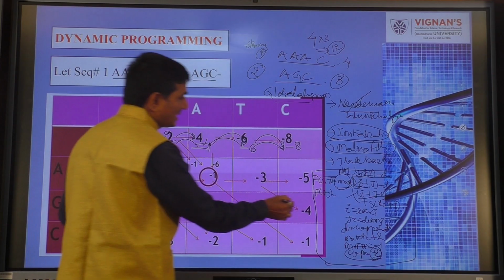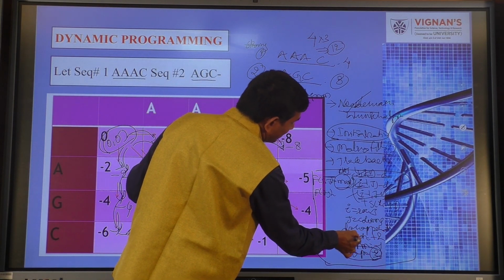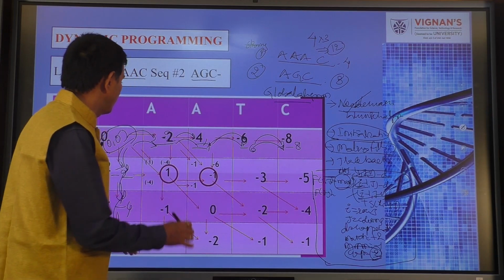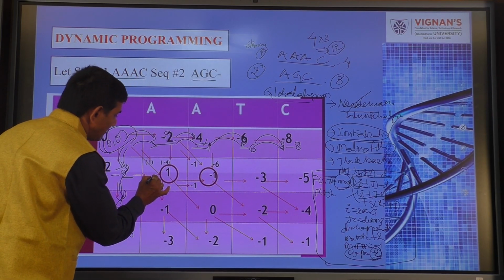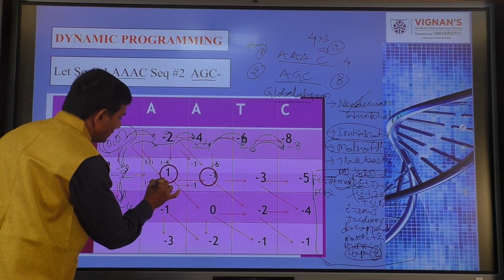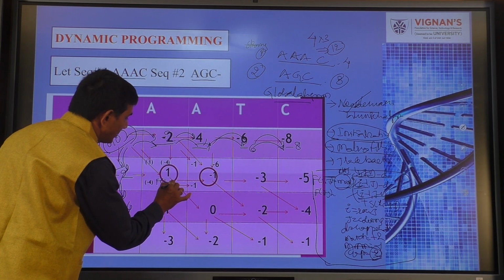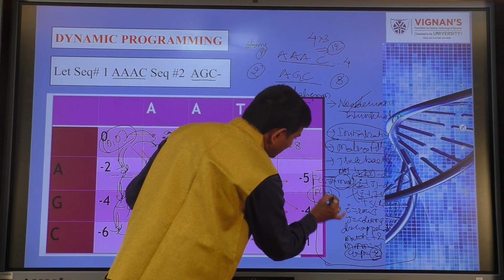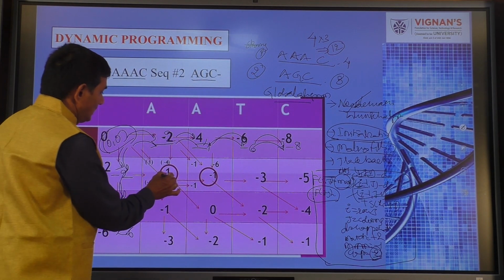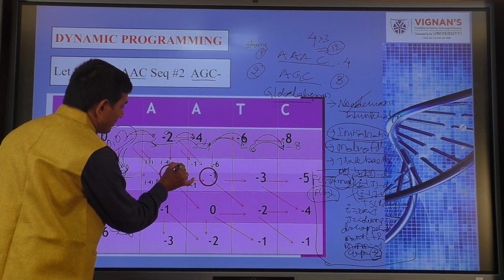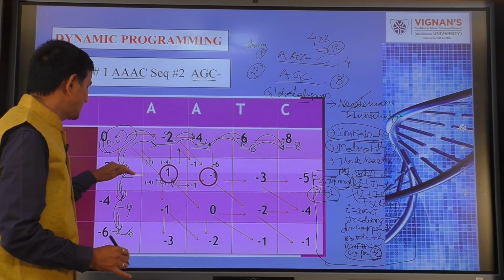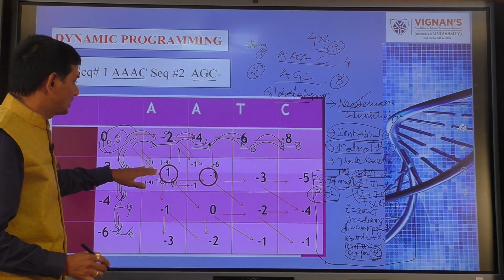This is the second step, we call it calculation of values, filling up the cells in the matrix table. Coming to this cell, the address given to this cell is f of i comma j, that is the LHS of the Needleman-Wunsch algorithm. As we move up, there is a change in the row.